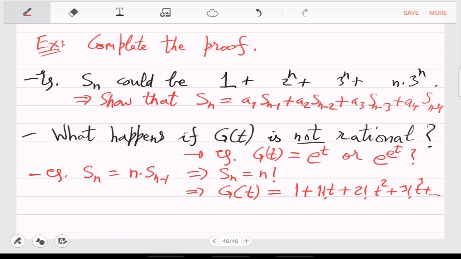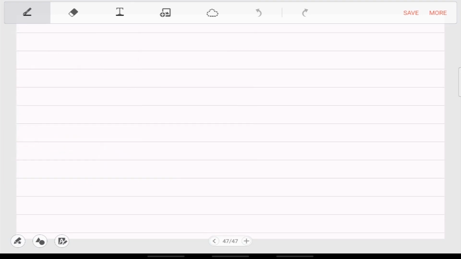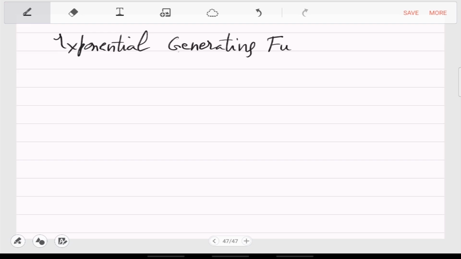So let's look at another nice case which we can potentially analyze, that's called exponential generating function. Okay, so let me shorten it to EGF.